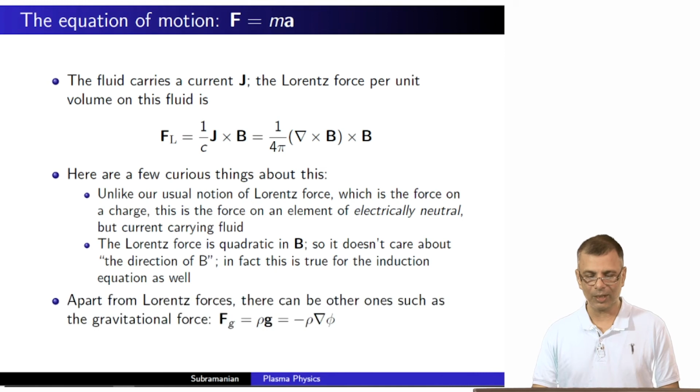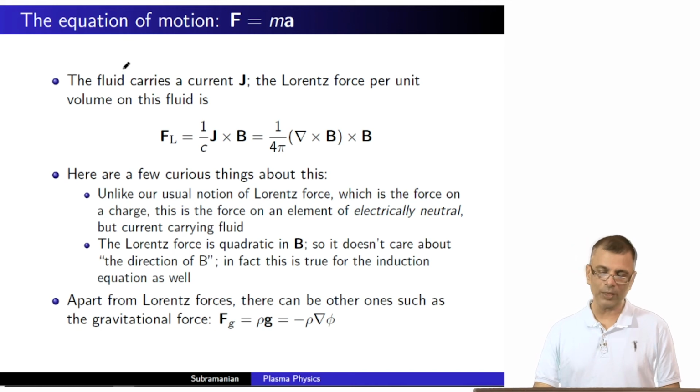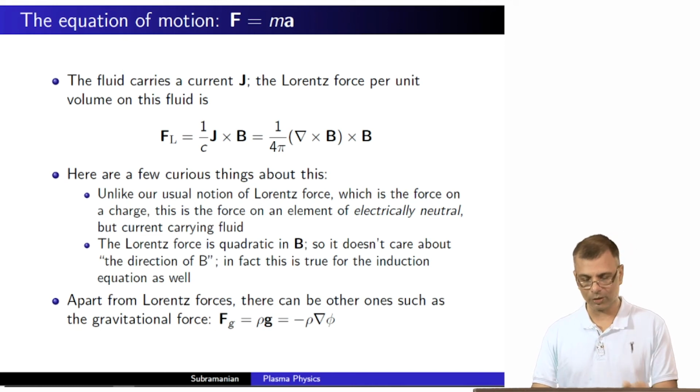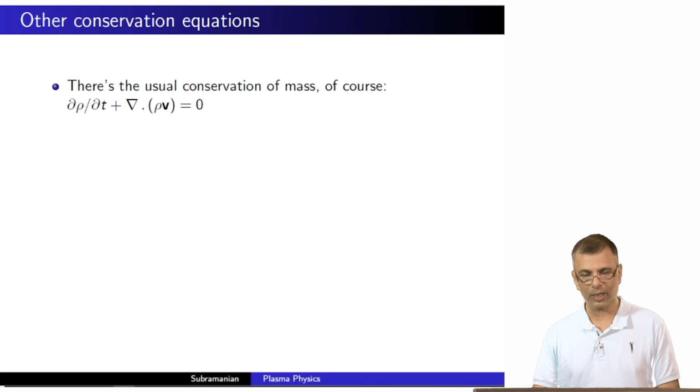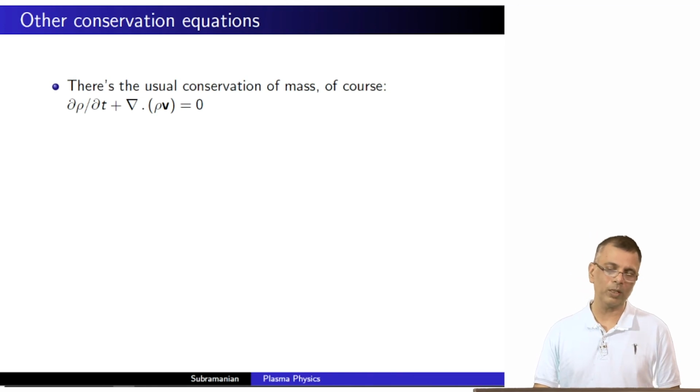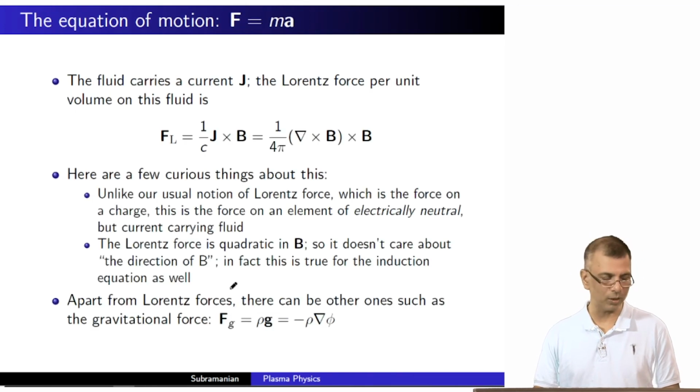Okay. And of course, as we know, apart from Lorentz forces, there can also be other forces such as the gravitational force, the body force, and we know this anyway from regular fluid dynamics. There is no need to go too much into it.